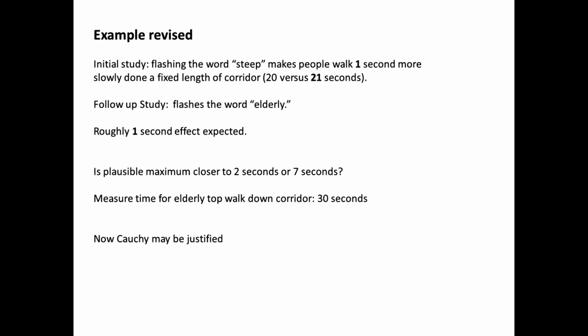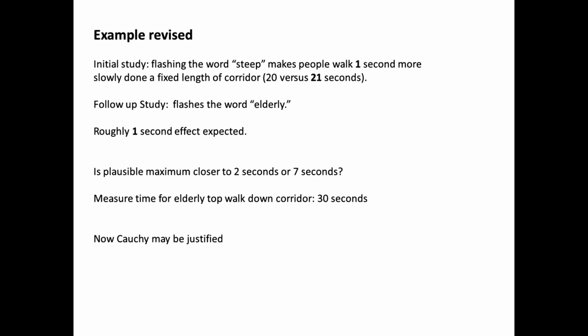And then you got elderly people to walk down the corridor, and you found real elderly people took 30 seconds. Well, 30 seconds would then define a maximum, and surely they wouldn't walk slower than elderly people really do. So given that the effect of the control was only 1 second, and the prime people could go more than 22 seconds, surely maybe the Cauchy would be appropriate in this situation.